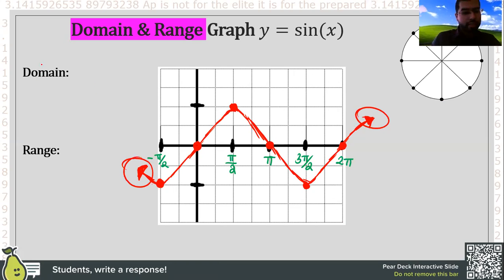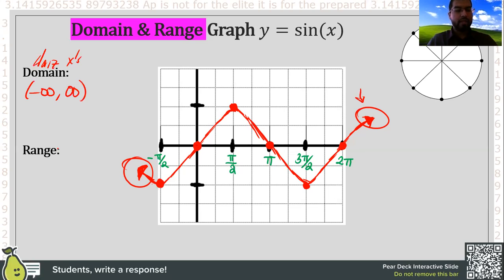So domain is all the horizontal, right? So all the x's. Hopefully you can see that this arrow is pointing to the left, so the farthest left I can go is -infinity. Similarly, this wave is continuing to go to the right, so the farthest I can go is +infinity. Okay.